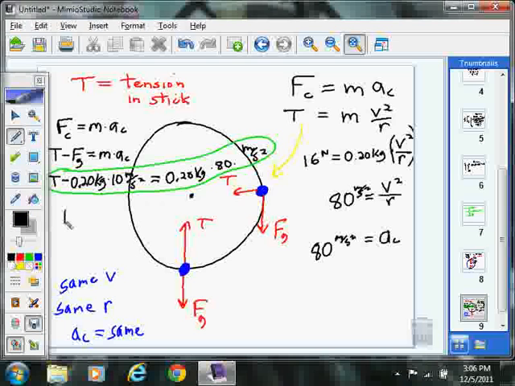And if you solve that for T, how should that tension compare down below? Higher, it's going to be bigger. 18.